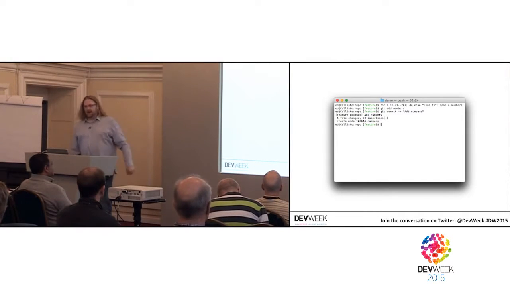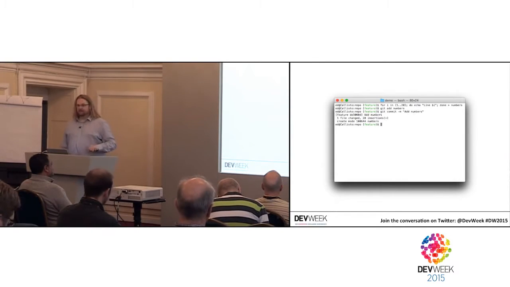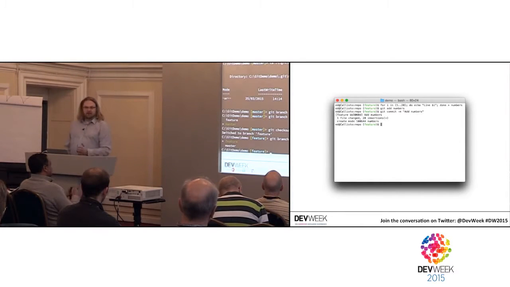We're now on our tree, we have two labels. We've got master, we've got feature. And feature is the one we've now selected. So what we're going to do now is just simply create a file called numbers. All right, so on here, what are we doing?